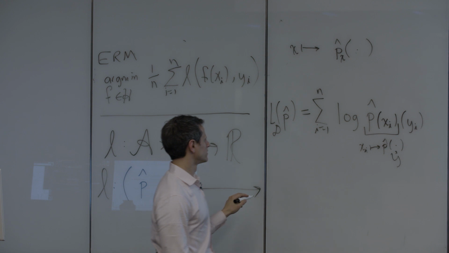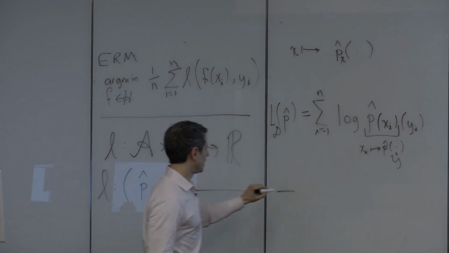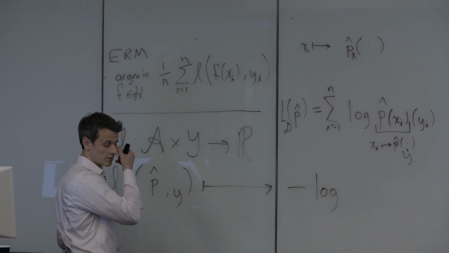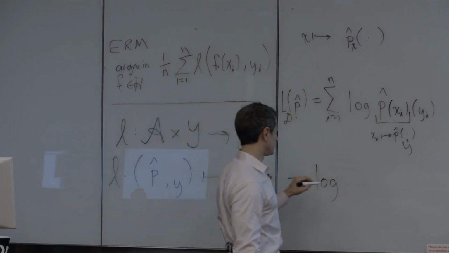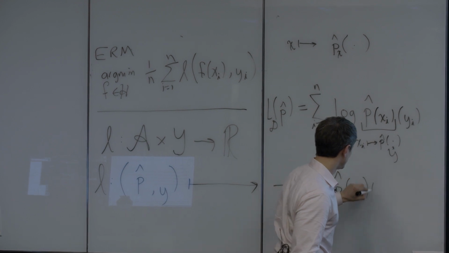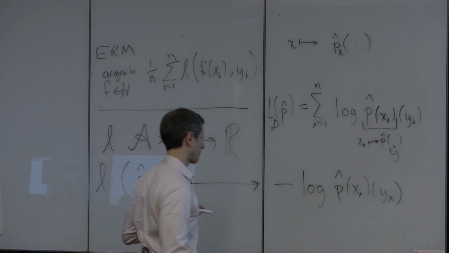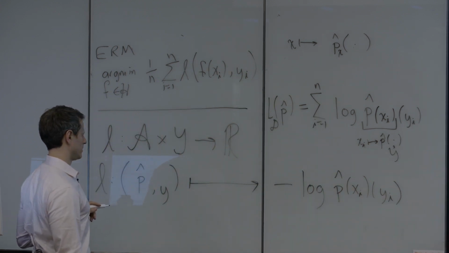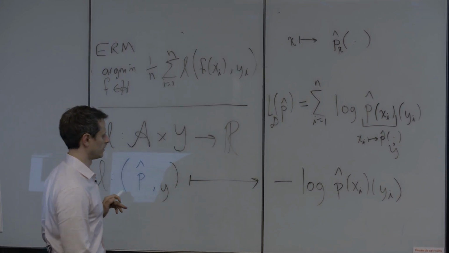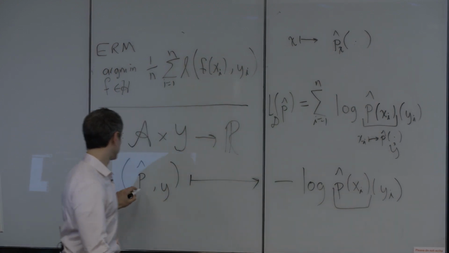So let's take the loss to be negative log, and then the likelihood of what we observe, which is going to be log of... okay. So this piece, p hat xi, that's what's being plugged into the loss function.